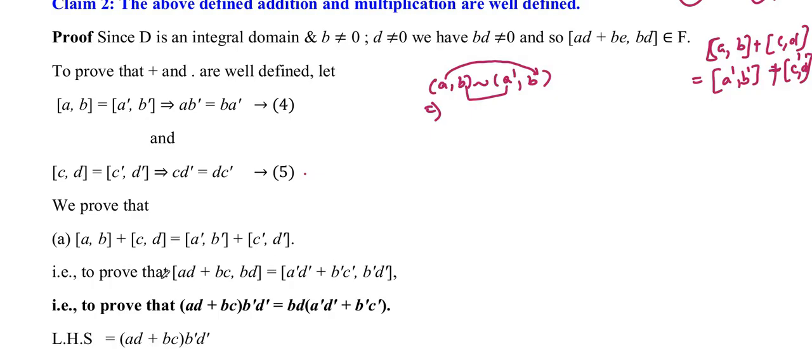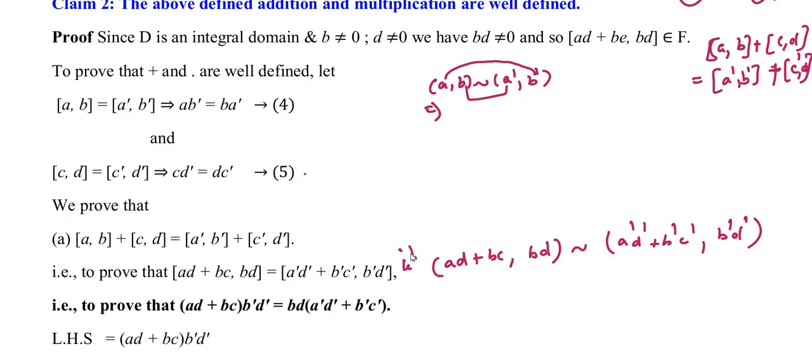To prove that two equivalence classes are equal, we need to prove that the corresponding elements are related. So what is the corresponding element? This one, and it should be related to A prime D prime plus B prime C prime, B prime D prime.